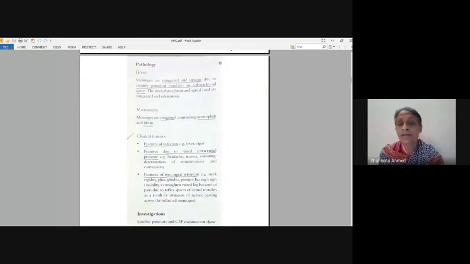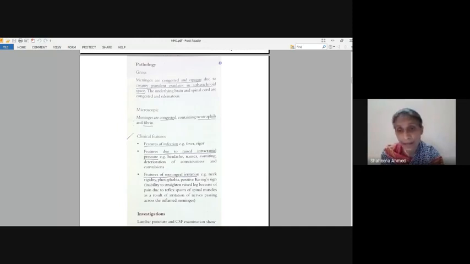Now, as we go towards the pathology, let us look at its gross appearance. Please remember, it is an inflammation. All the signs and symptoms of inflammation are going to be evident here. The meninges are going to be congested and opaque. The opacity comes from the purulent exudate that is collected in the subarachnoid space.